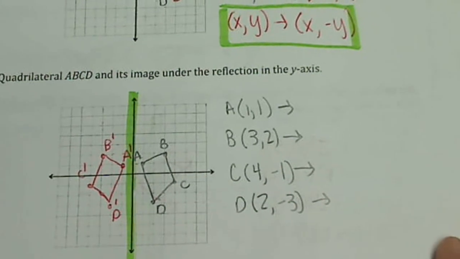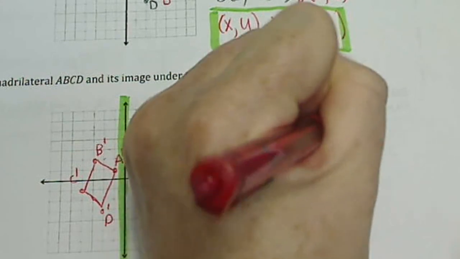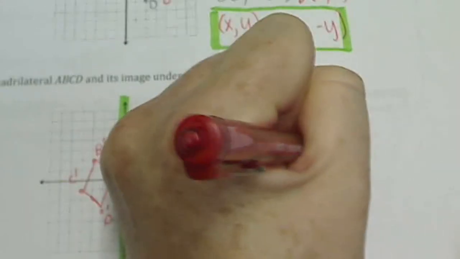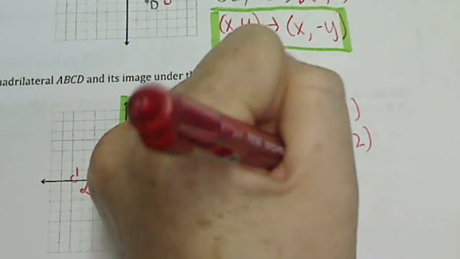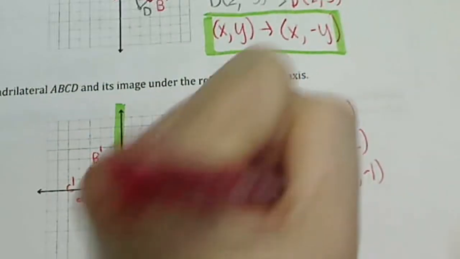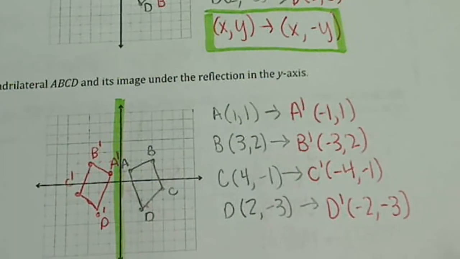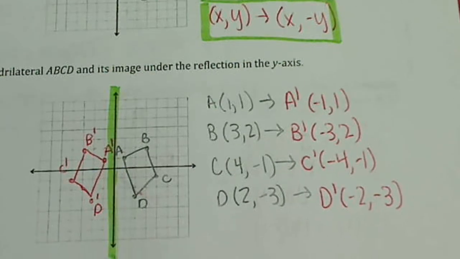Okay, let's write down our points. A prime is -1, 1. B prime, -3, 2. C prime, -4, -1. And D prime, -2, -3. Alright, let's see if we can come up with a rule.